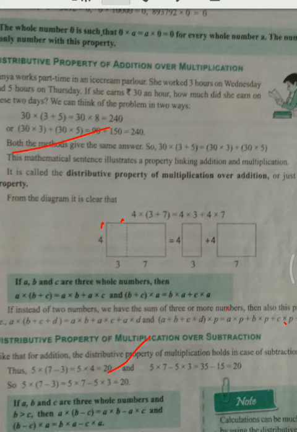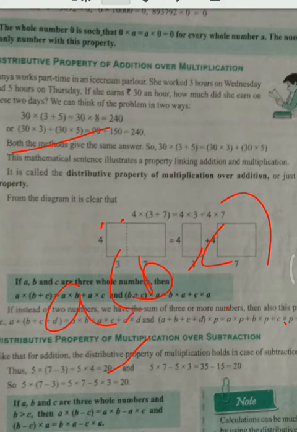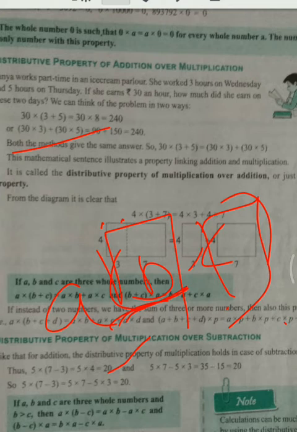Suppose a into (b minus c). Here b must be greater than c, then only it is applicable, otherwise it will not. Okay, let us see. Like addition, the distributive property of multiplication holds in the case of subtraction also. Similarly, it will work on subtraction also.